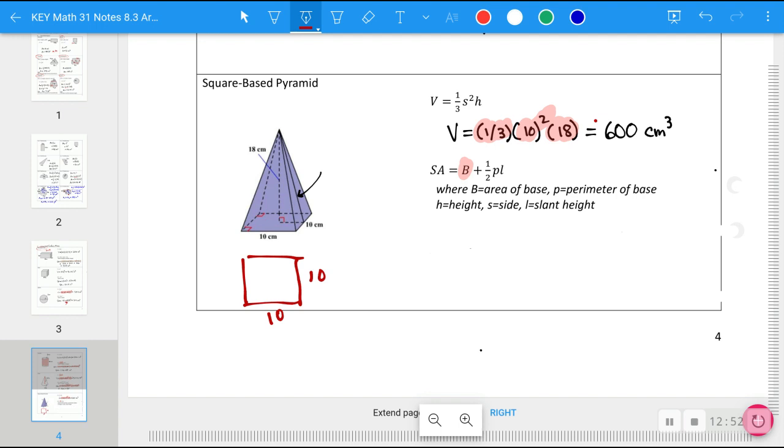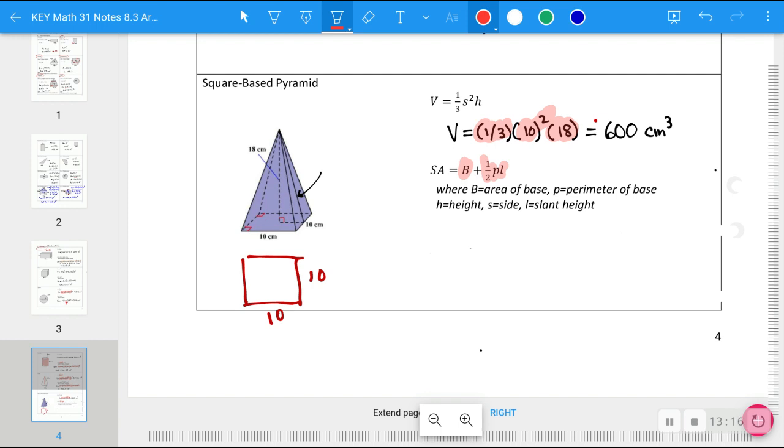So where that B is, I'm going to put 10 by 10 would be 100 square centimeters in this case. Then the rest of it is a half times a perimeter times a slant height. And the slant height is the more difficult part of this, finding that.